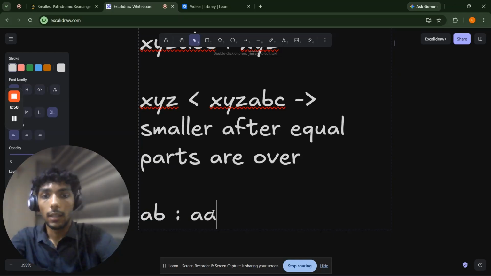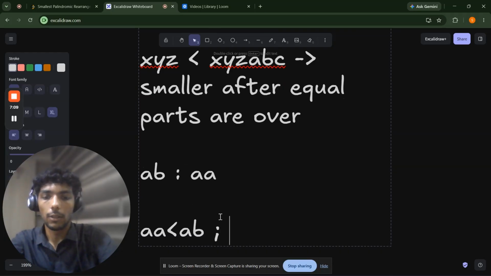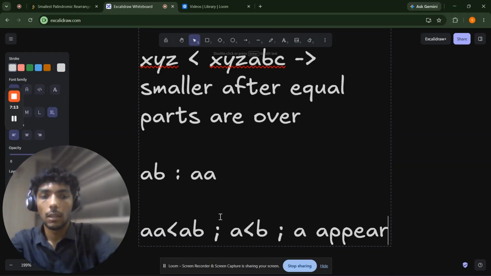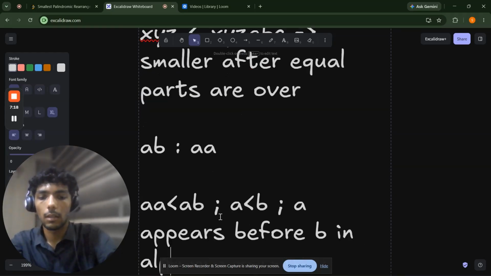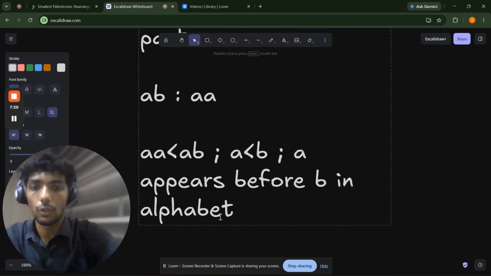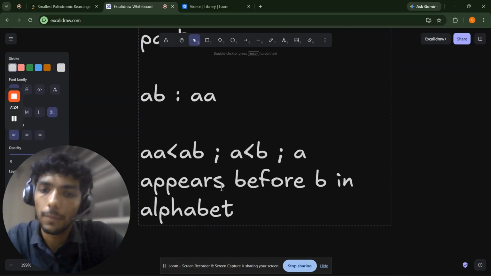We find that a appears before b in the alphabet, so the string with a is smaller. Why? Because a is less than b, since a appears before b in the alphabet. So we take the appearance in the alphabet into consideration as well.